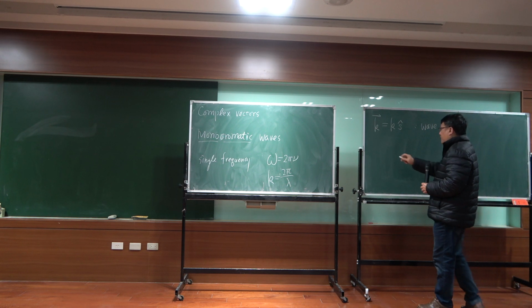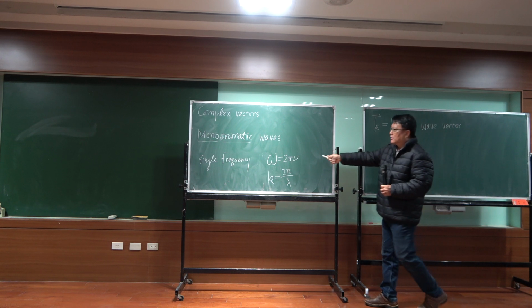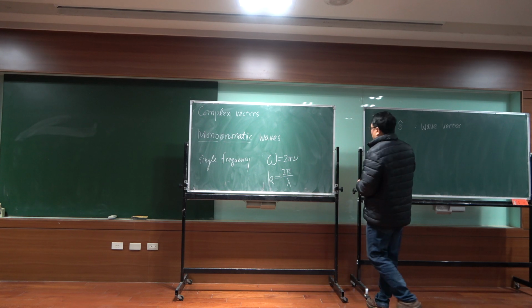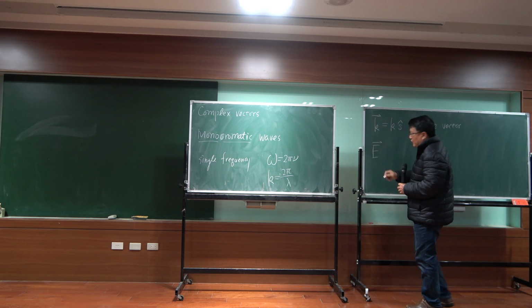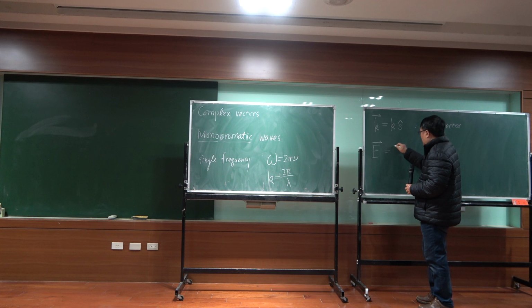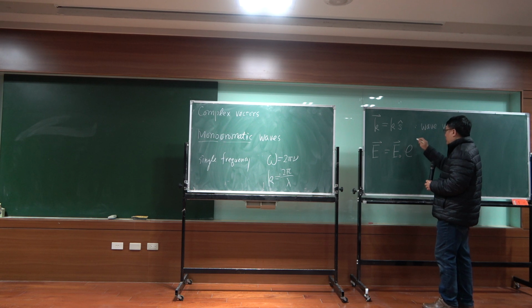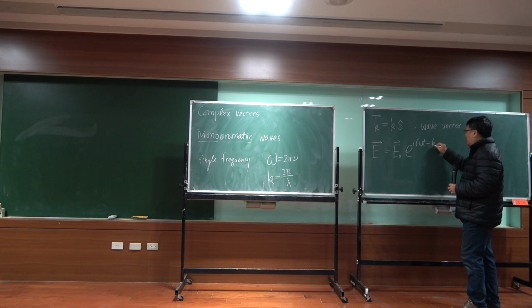With this omega and this k, we can write the electric field as E0 exponential i omega t minus k dot r.